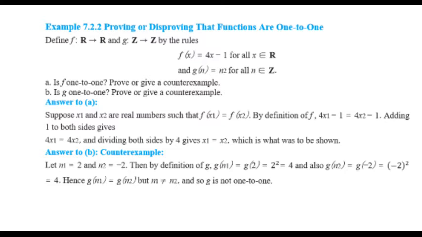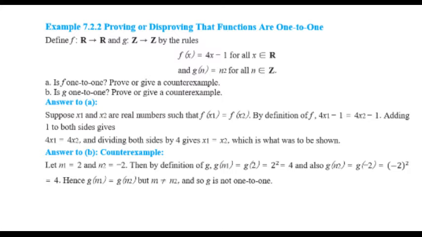By adding 1 to both sides of this equation, you'll get 4x1 equal to 4x2, and by dividing both sides by 4, we'll get x1 is equal to x2. So based on the definition of a one-to-one function, we prove that f is one-to-one because from f of x1 equal to f of x2, we conclude that x1 is equal to x2. That's how you prove the one-to-one property of a function.